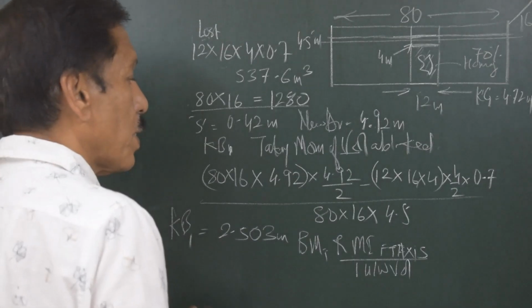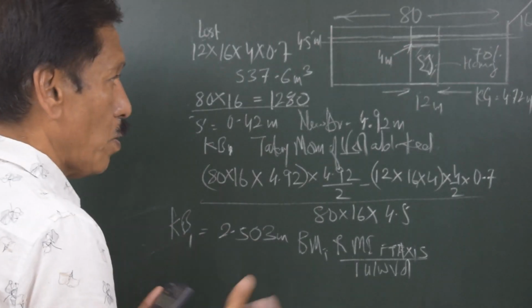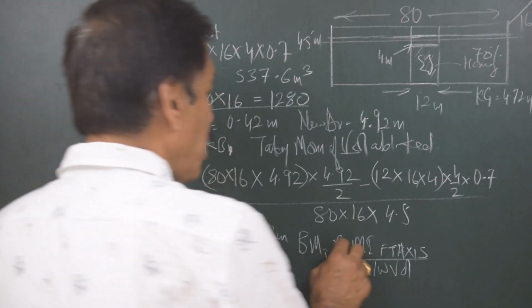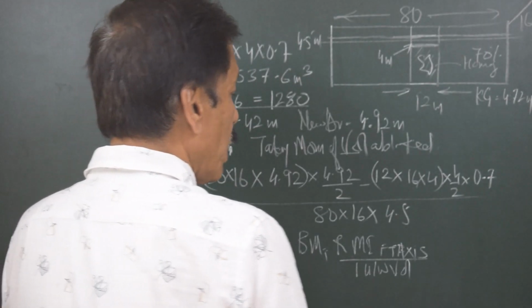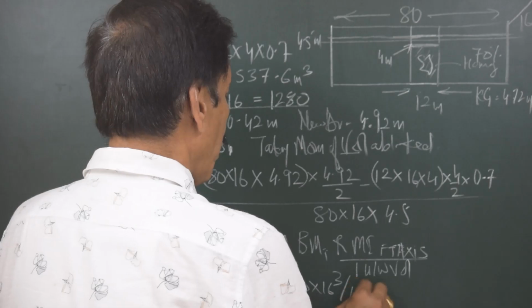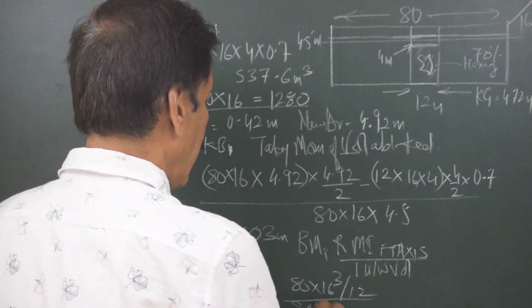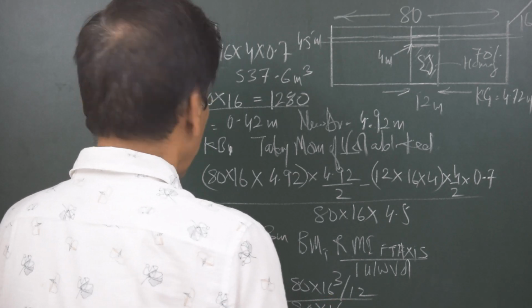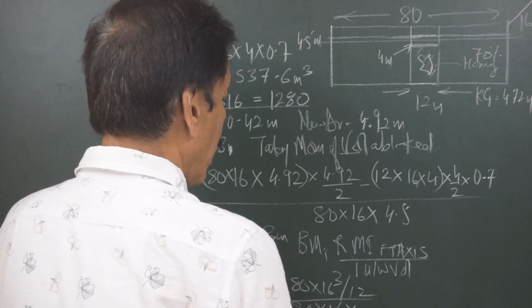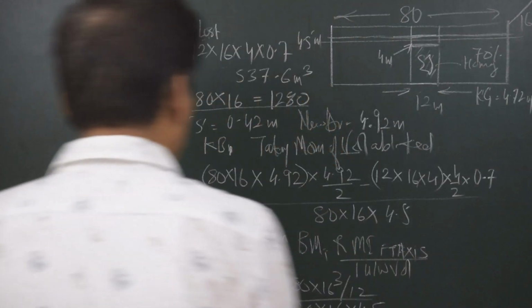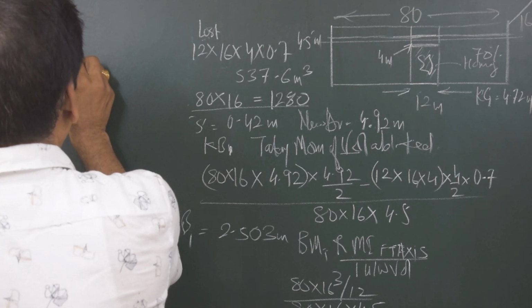Now the thing is, there is no loss of moment of inertia because the damage is not reaching the final water line. So let us say the residual moment of inertia therefore is equal to total moment of inertia, and total moment of inertia is 80 into 16 cube divided by 12, right? Divided by intact underwater volume, that is 80 into 16 into 4.5. That is the initial underwater volume. I'll put that thing here also.